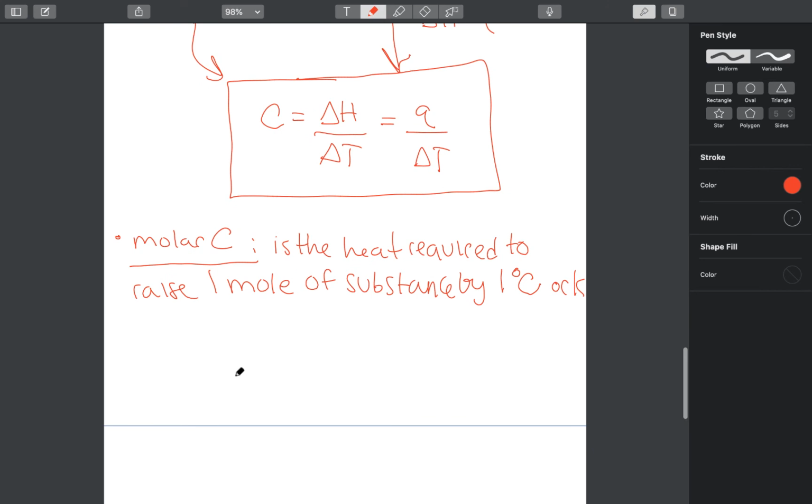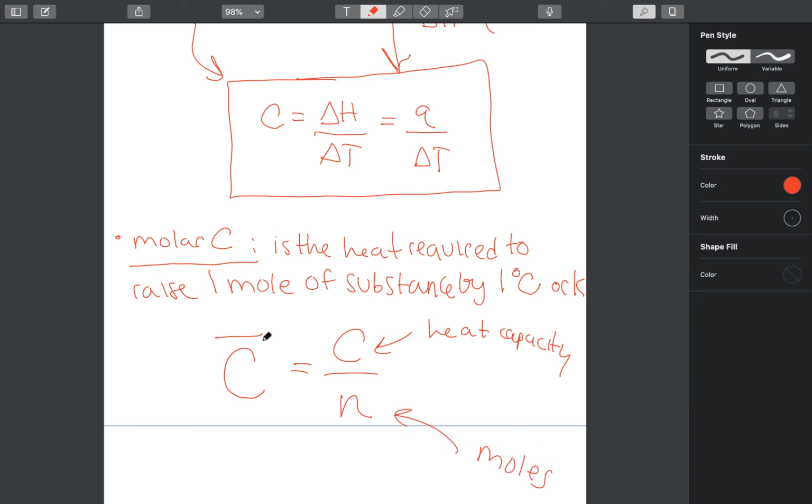The symbol for molar heat capacity is C bar, so you usually put a bar over the C. C bar is equal to C over n, where C is the heat capacity, n is moles, and C bar is the molar heat capacity.